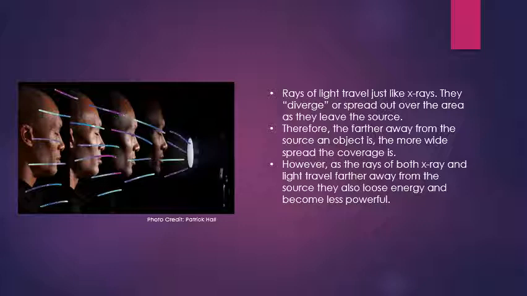However, as the rays of both X-ray and light travel farther away from the source, they also lose energy and become less powerful. As you can see here in the picture on the left, the light source is here. In this first image of the man standing in the photo, you can see that the light is focused on a small area in the center of his face.